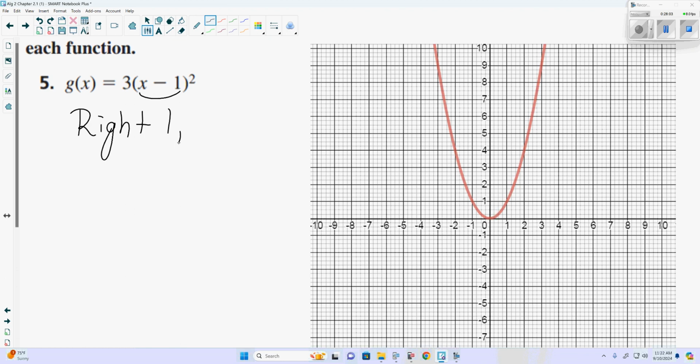And the multiplication of 3 is our vertical stretch or shrink, and it would be a vertical stretch of 3. Since the 3 is greater than 1, it's a vertical stretch. If it had been between 0 and 1, it would be a vertical shrink. Questions on this here?